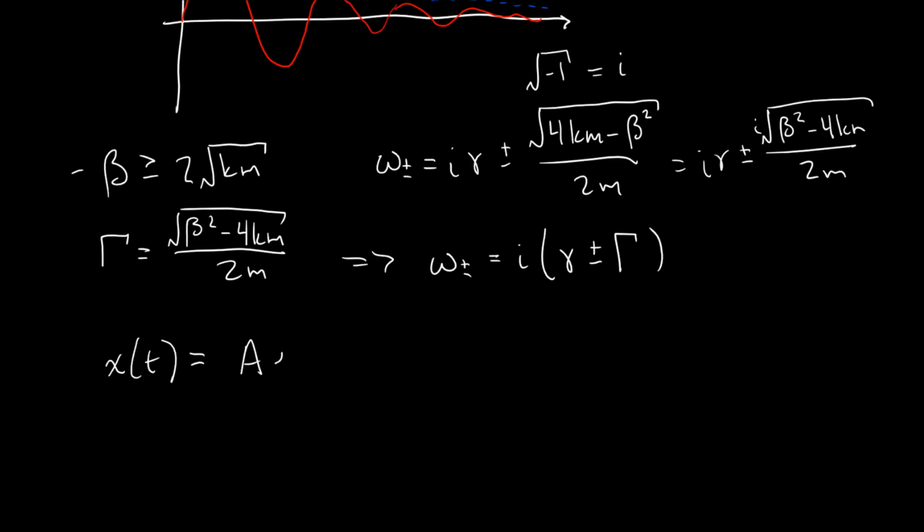So I have a e to the minus gamma minus big gamma t, plus b e to the minus gamma plus big gamma t. So now we only have exponential decay.